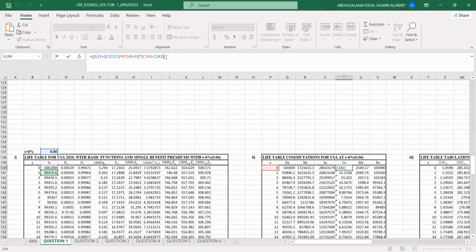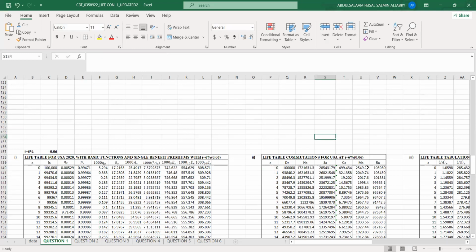The formula is the same. Then press enter. Find the Mx, just sum the Cx. And lastly, to get the Rx, we just need to sum the Mx from 0 to 110.